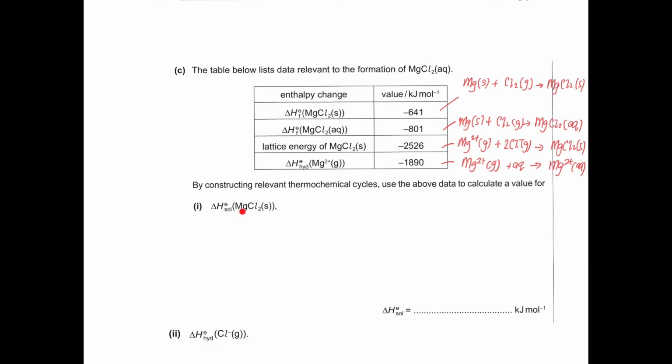Let me write down the equation here. Magnesium chloride solid becomes magnesium 2 plus aqueous plus chloride aqueous.